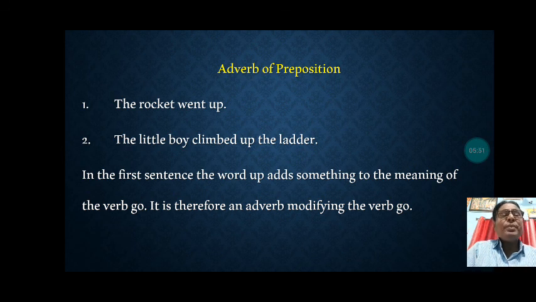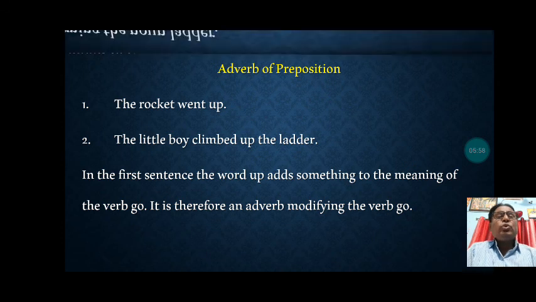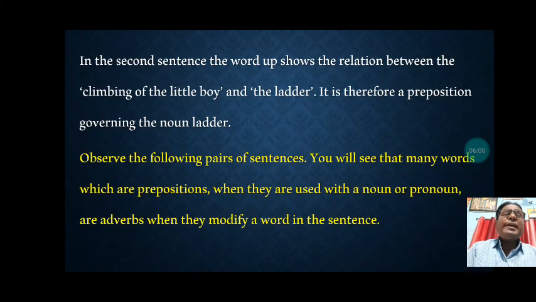Went up, in the direction. It is therefore an adverb modifying the verb go. In the second sentence, the word up shows the relation between the climbing of the little boy and the ladder. It is therefore a preposition governing the noun ladder.